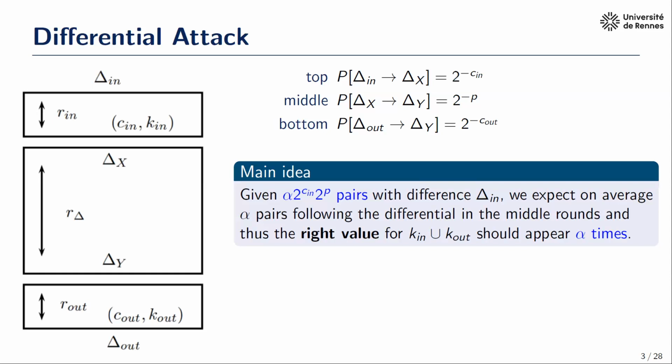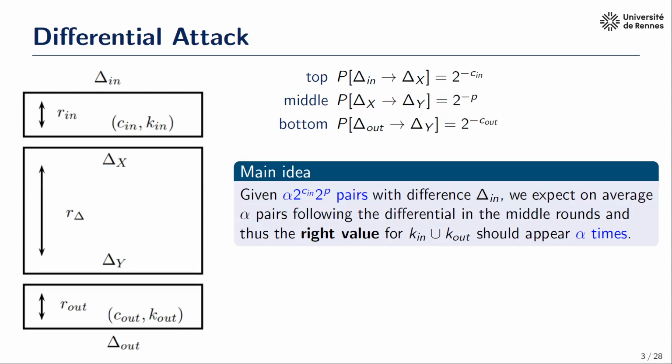Then this differential distinguisher is extended into key recovery attacks by adding a few rounds at the beginning and at the end of the distinguisher. And given a pair of messages, the goal is to partially encrypt and decrypt the pair to obtain the differences at the input and output of the distinguisher.